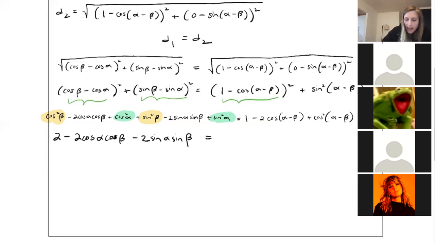And then on the right-hand side, not quite as obvious just because of the angle name, but cosine squared of alpha minus beta plus sine squared of alpha minus beta, well, that's 1. And then we already have the 1 there, so that ends up being 2 minus 2 cosine of alpha minus beta.